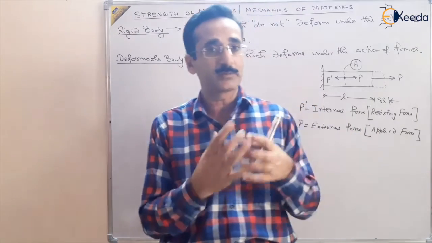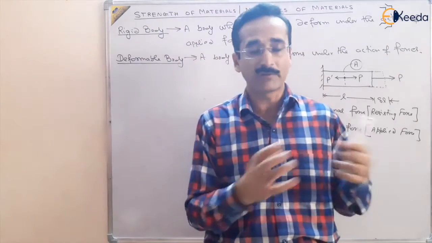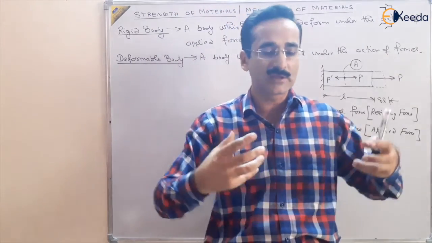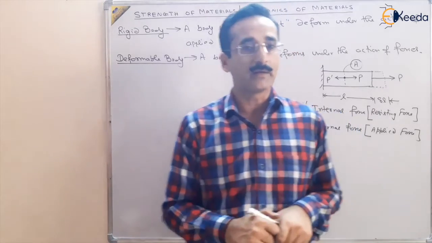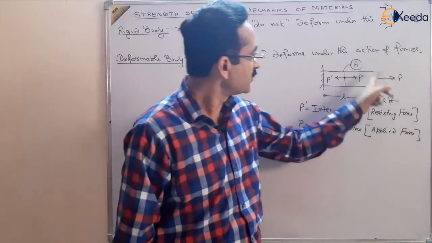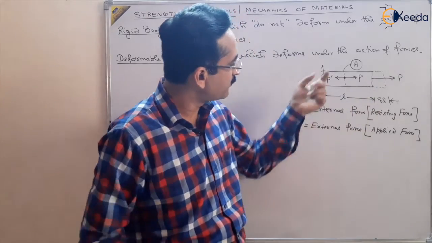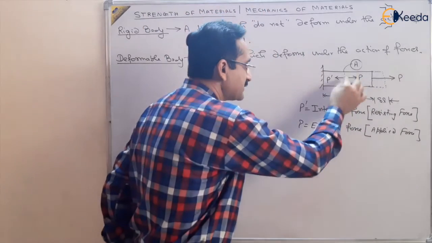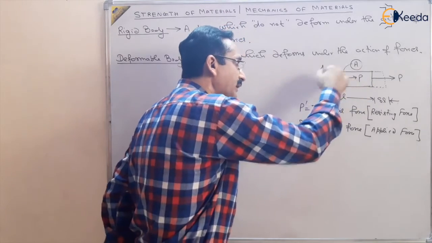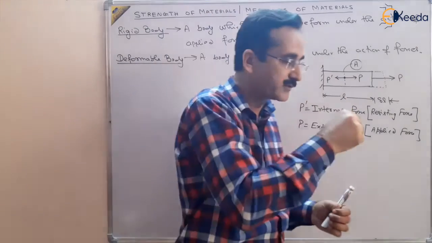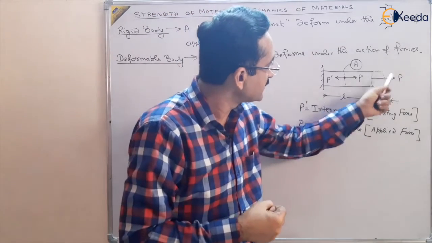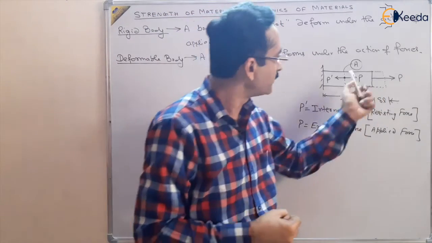So adhesive forces belong to different materials, and cohesive forces belong to the same molecules of the material. If the material is uniform throughout this cross section, then cohesive forces are developed in the material, and they resist when this force is trying to deform this body.